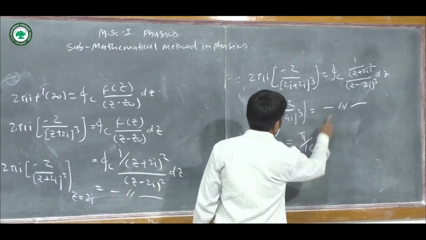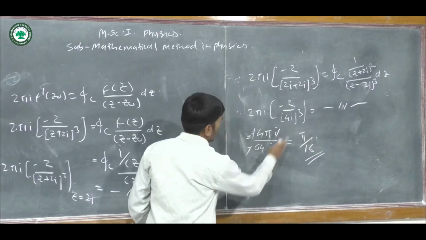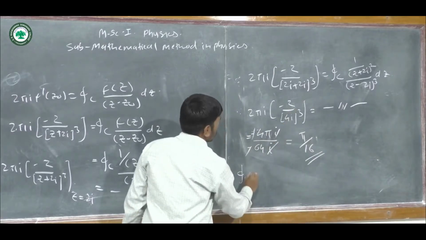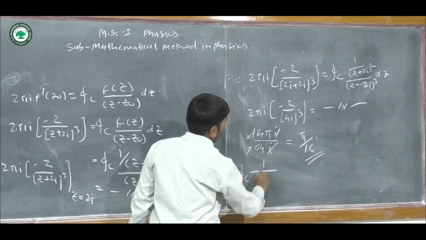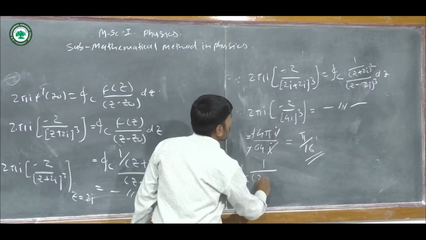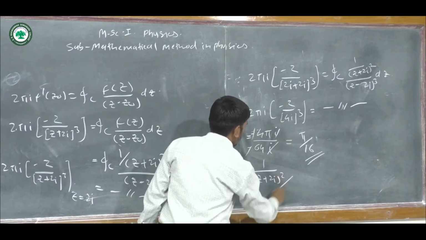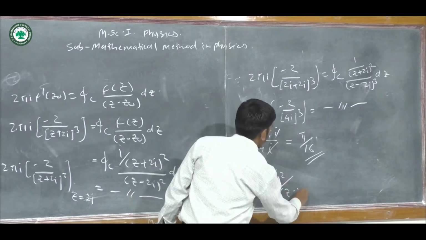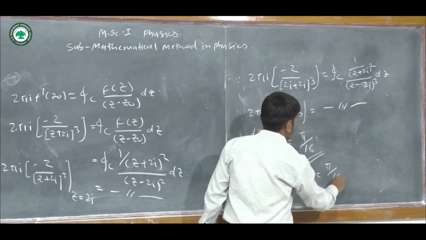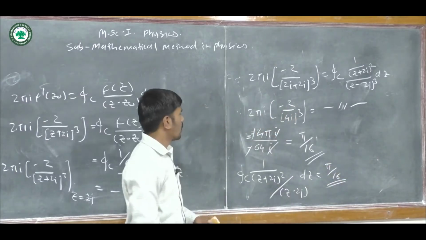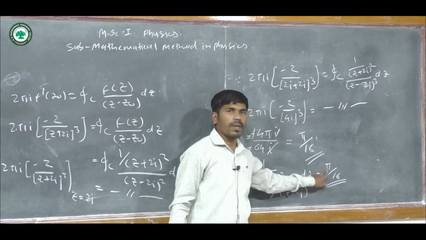So this is our result: the closed integral over C of 1 by (z plus 2i) whole squared divided by (z minus 2i), dz is equal to pi by 16. This is the result we wanted.